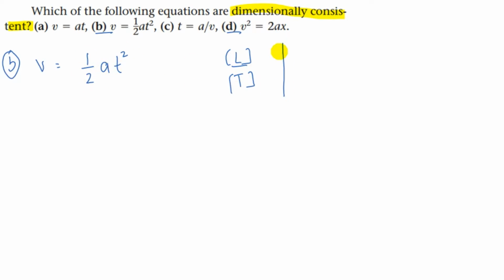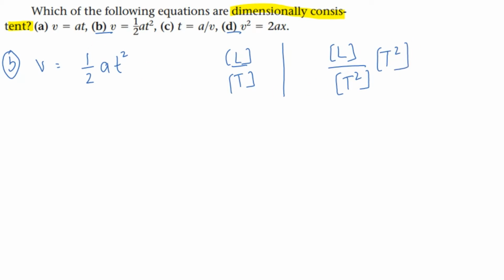Now the right side we have 1 over 2. Now 1 over 2 is a dimensionless quantity. a is acceleration and its dimension is length over T squared. And time, the dimension is T and it's squared.